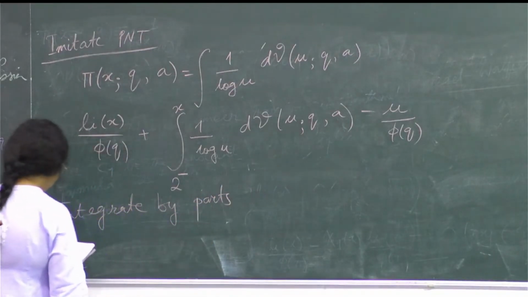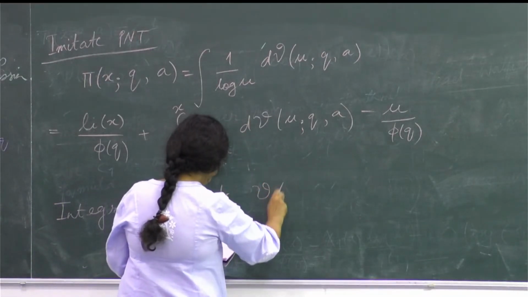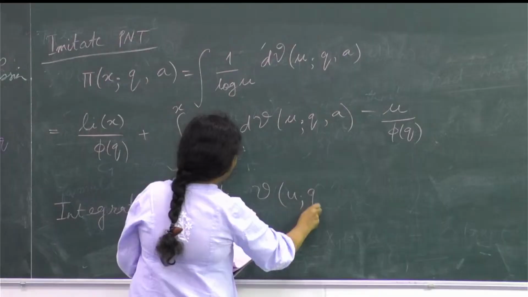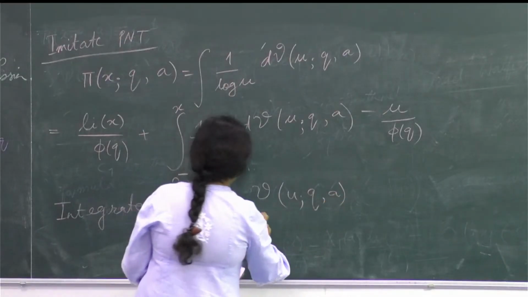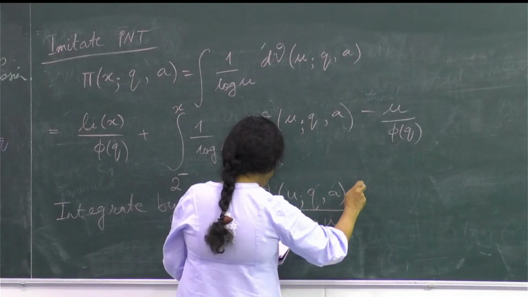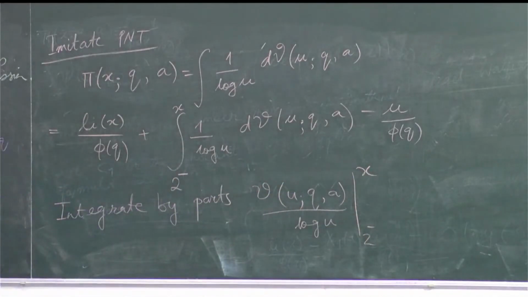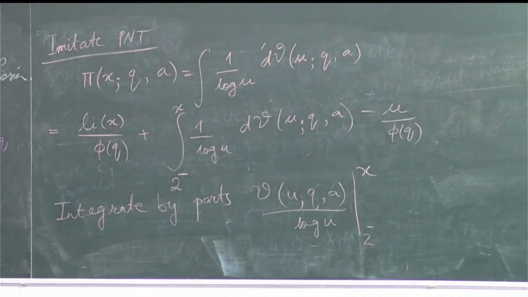If I integrate by parts, then this one, theta of u, q, a upon log u, taken between 2 and x, and you'll get back your prime number theorem. Okay? You can finish it, the last line.